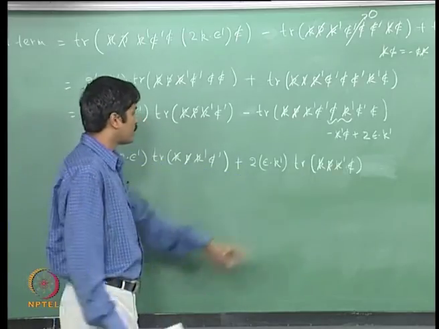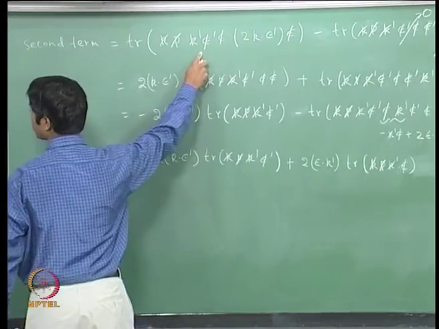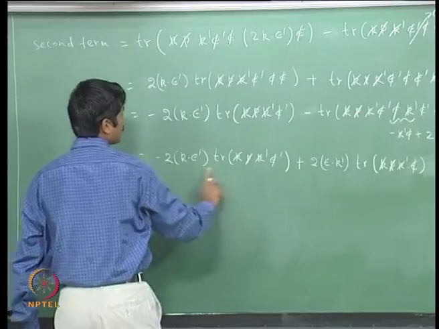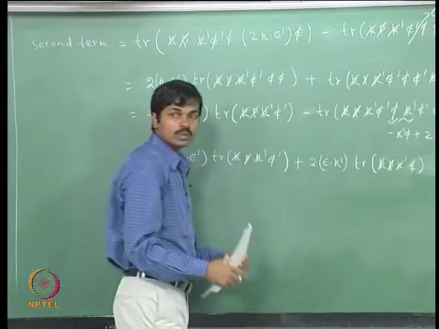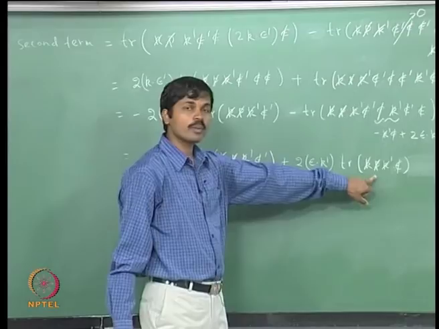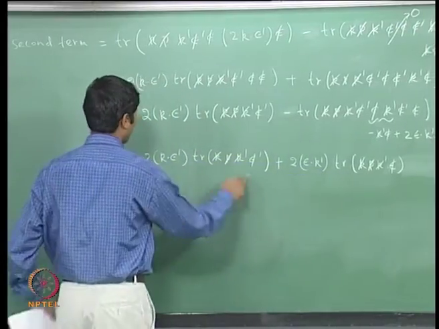So, we have started with this term, and then we have reduced it to a sum of two terms which involve trace of 4 gamma matrices. Therefore, we can easily compute them.